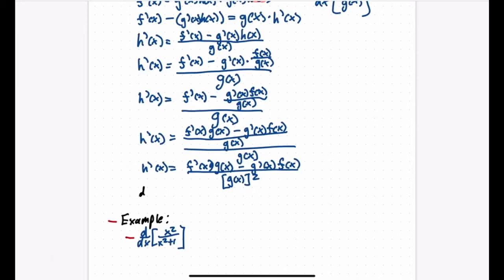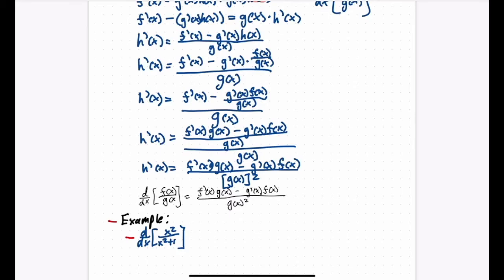We can say that the derivative of f of x over g of x is equal to the derivative of f of x times g of x minus the derivative of g of x times f of x, over g of x squared.